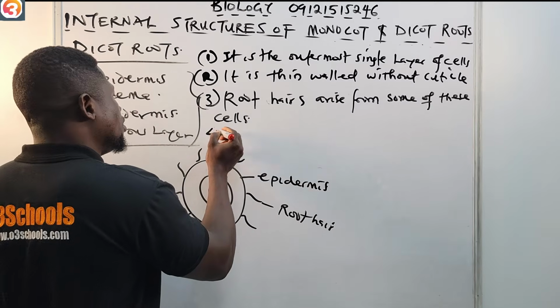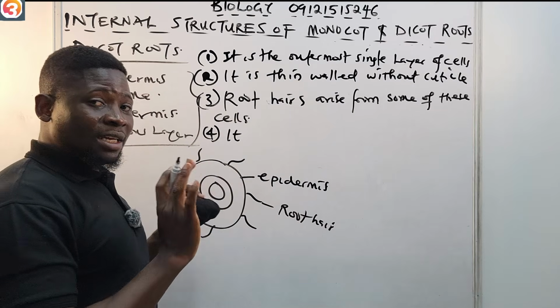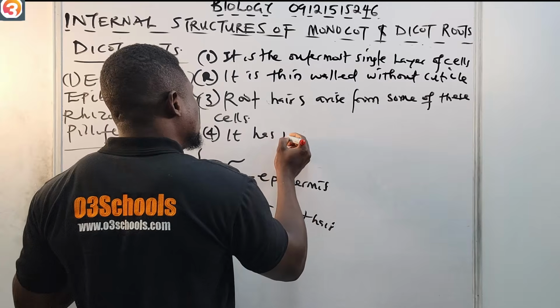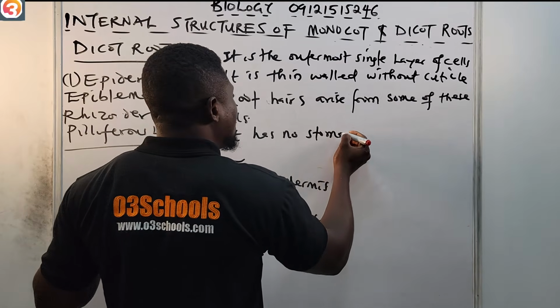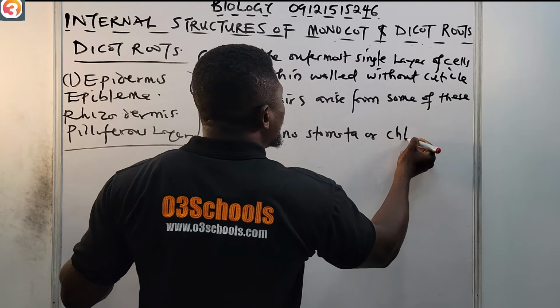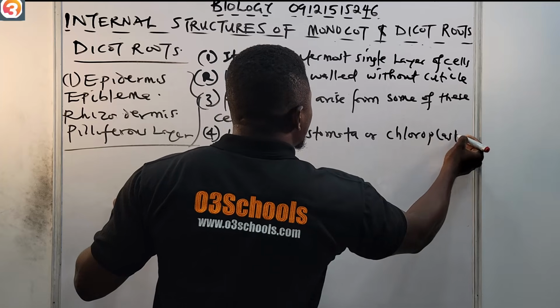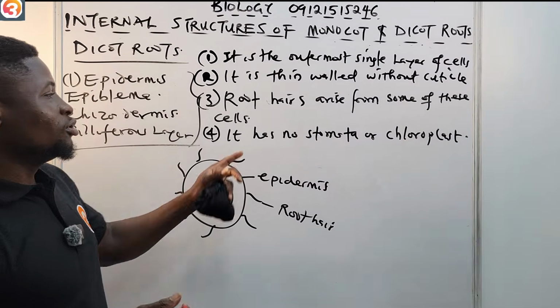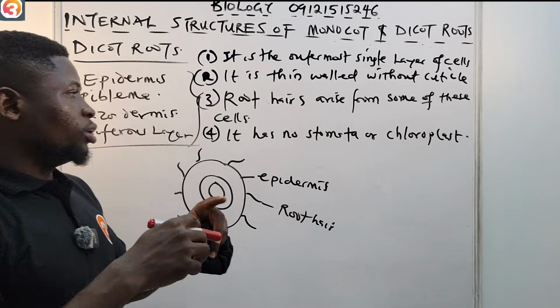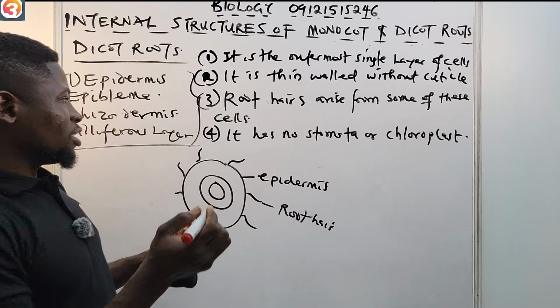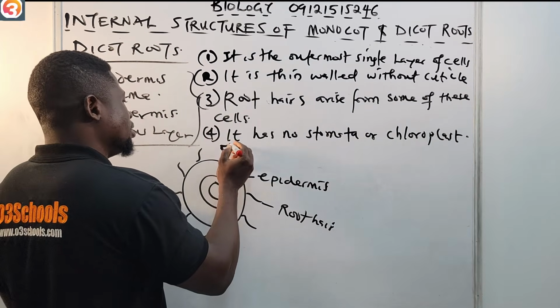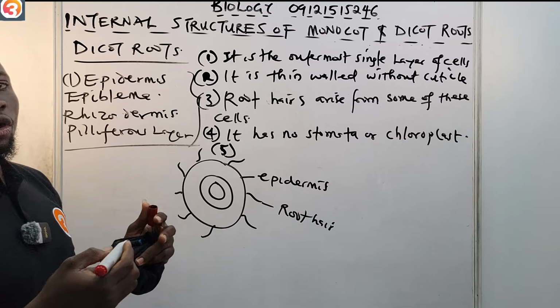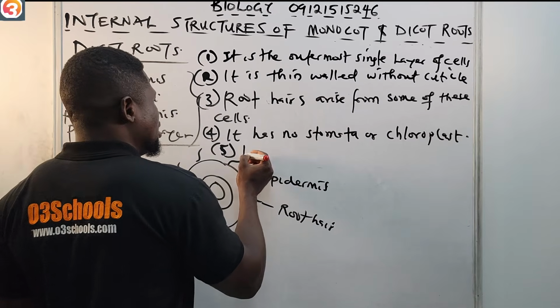Number four, the epidermis has no stomata or chloroplasts, so it cannot carry out photosynthesis. Most importantly, the epidermis is very important in the absorption of water and minerals.